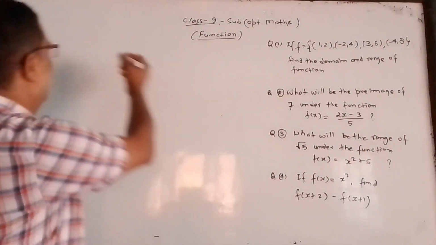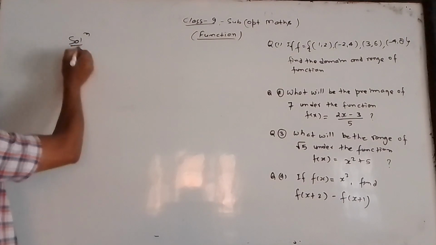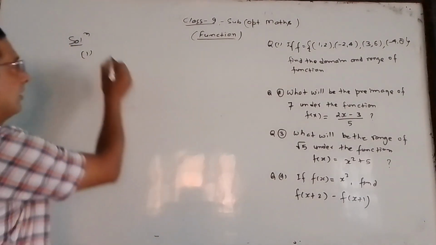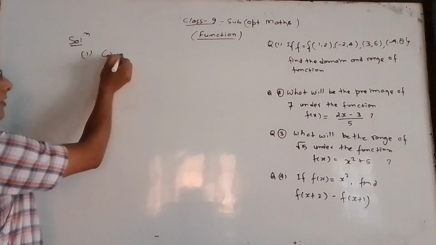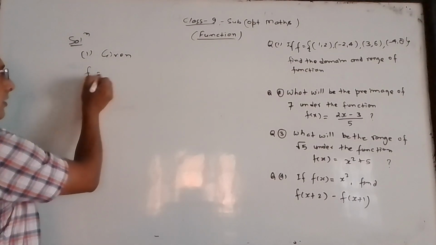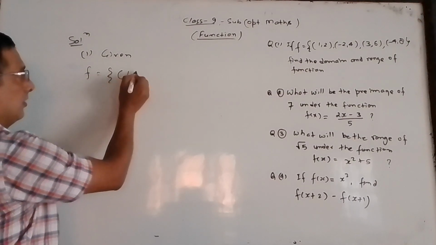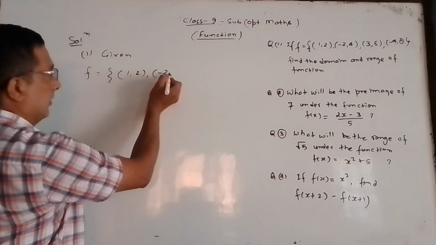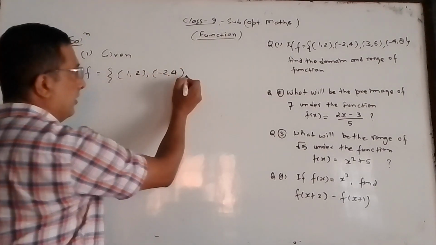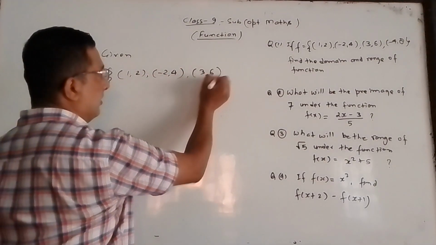So I am going to solve it here. Solution first. Given: (1, 2), (-2, 4), (3, 6).